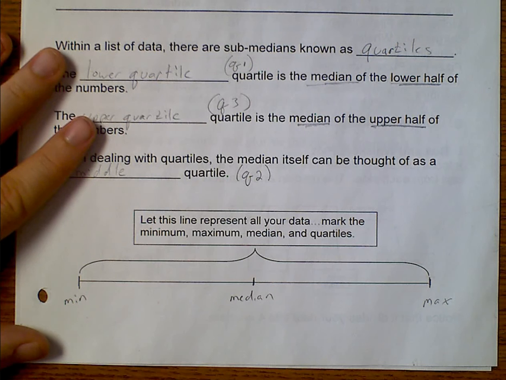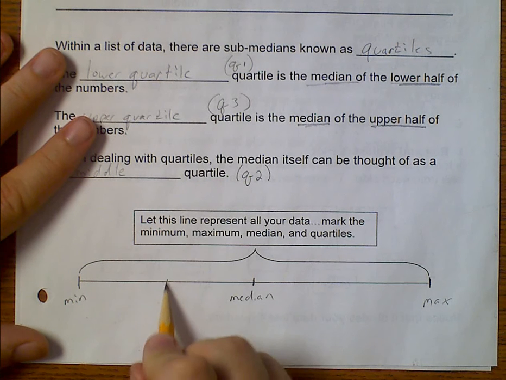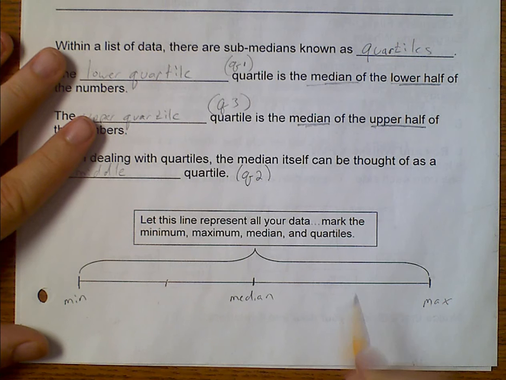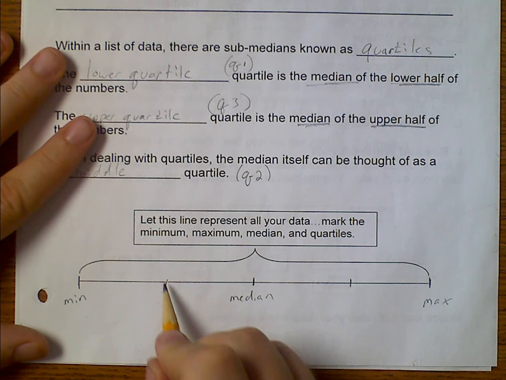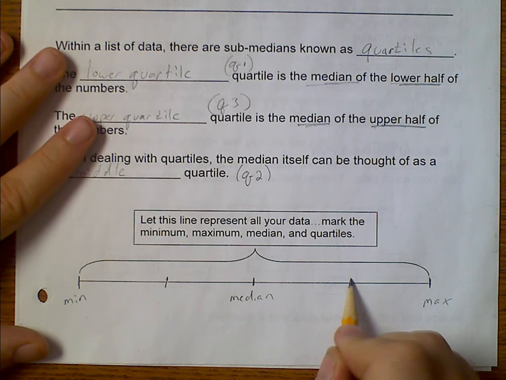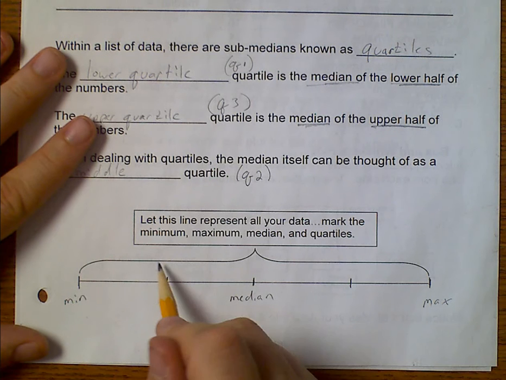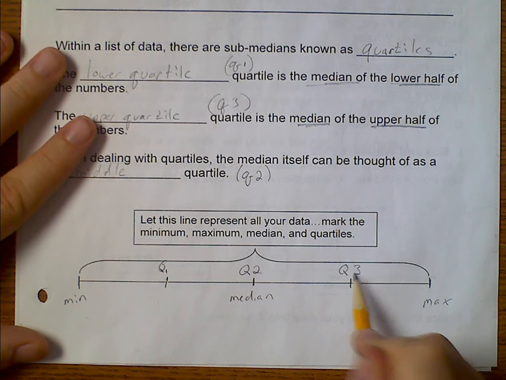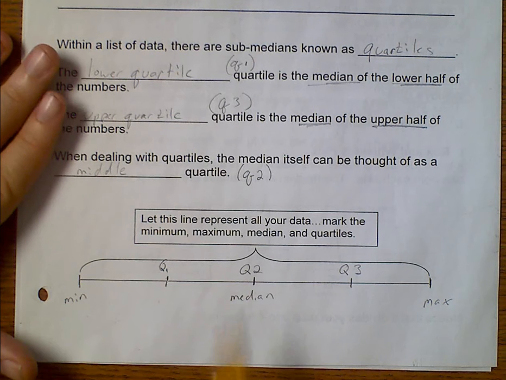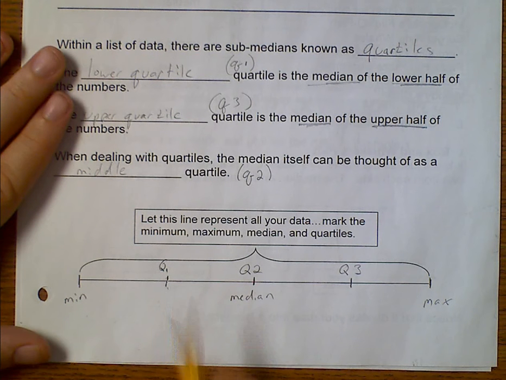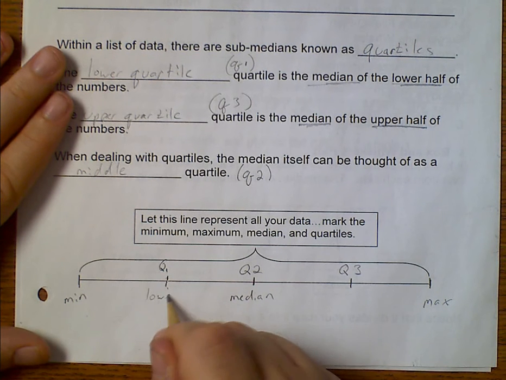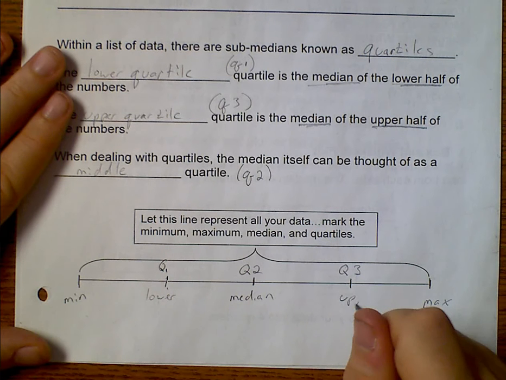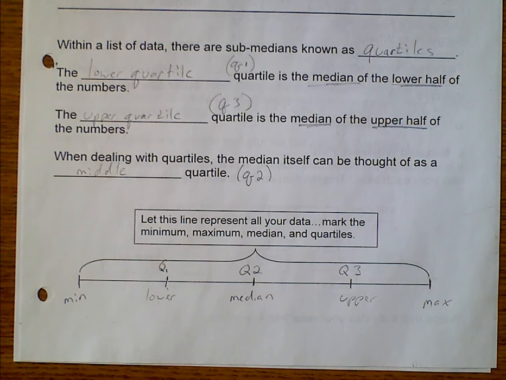And now your quartiles. We would call these Q1, Q2, and Q3. Lower quartile and upper quartile. And this is the basis for making a box plot.